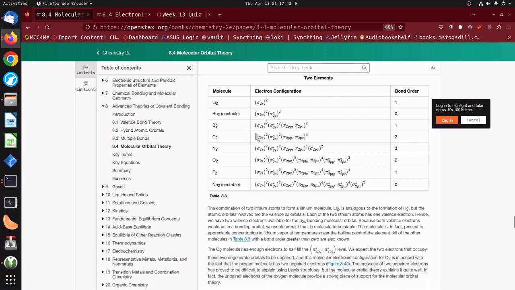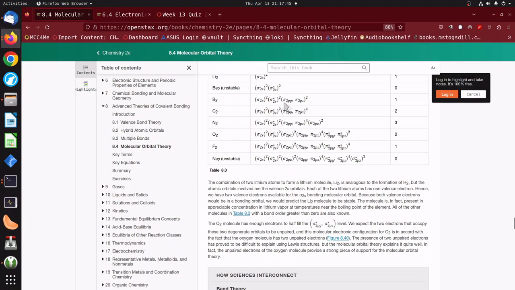The next kind of orbitals that we can have are pi orbitals. So pi orbitals are going to contribute to double and triple bonds. Okay, they have the same sort of notation as the sigma orbitals, but you would list them inside of these parentheses.